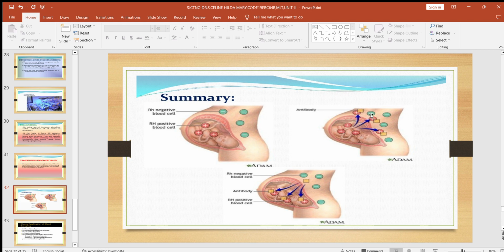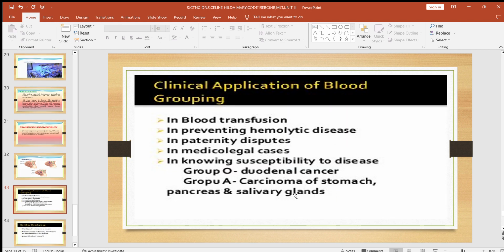This antibody persists in the mother's body after the first delivery, but when the second baby is formed, the same antibody enters the fetus through the placenta and destroys the fetus. That is known as erythroblastosis fetalis. It is a hemolytic disease.